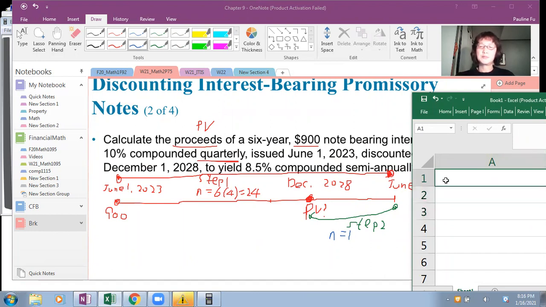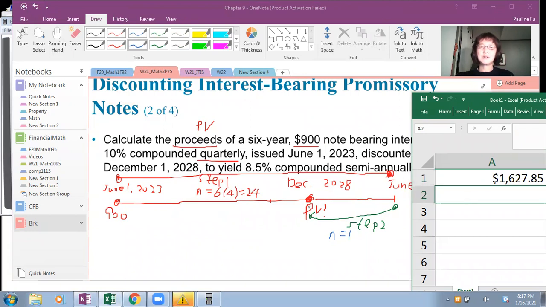Okay, so future value. Rate is 10% compounded quarterly, divided by 4. NPER 24, PMT 0, PV negative 900. So I get the future value.